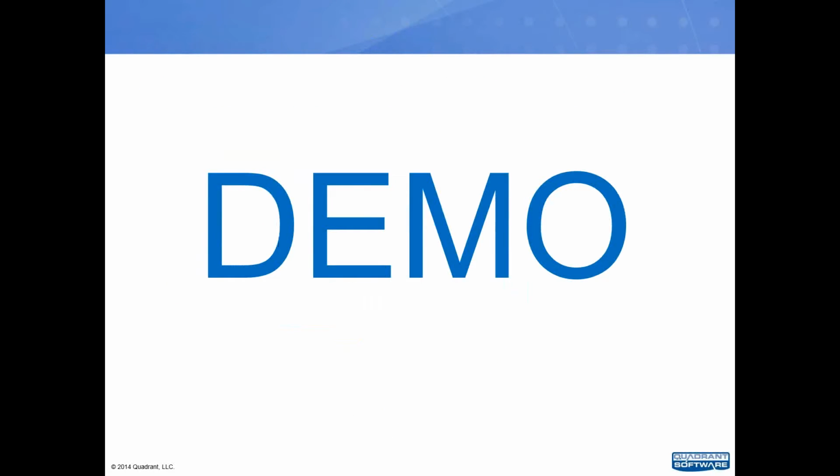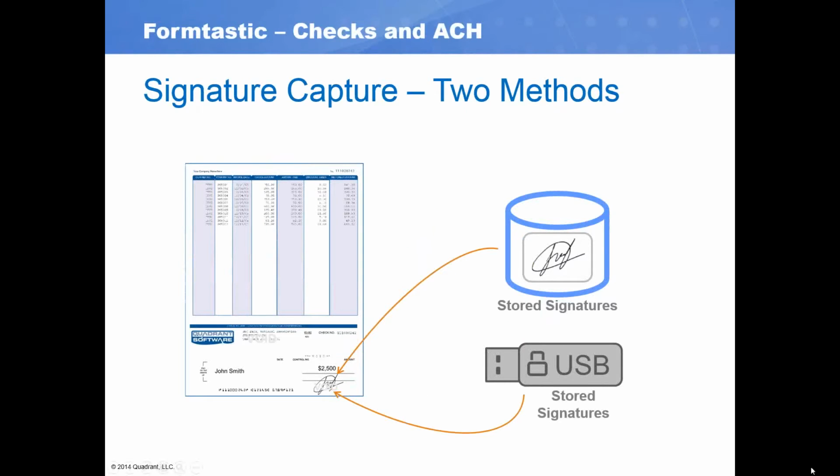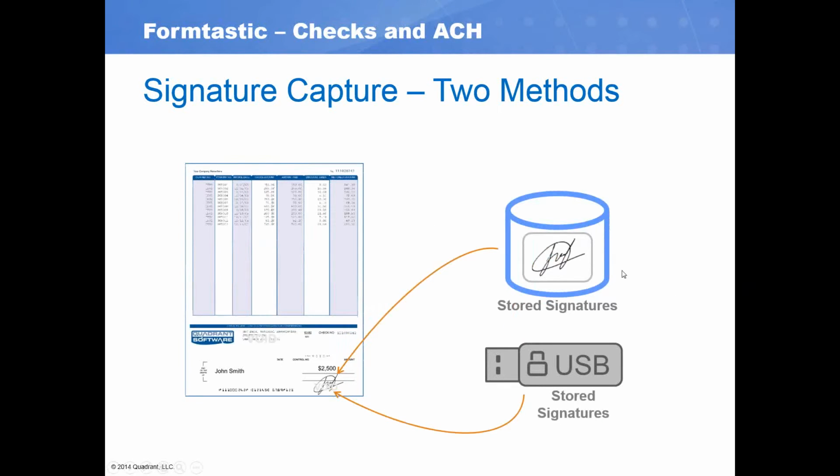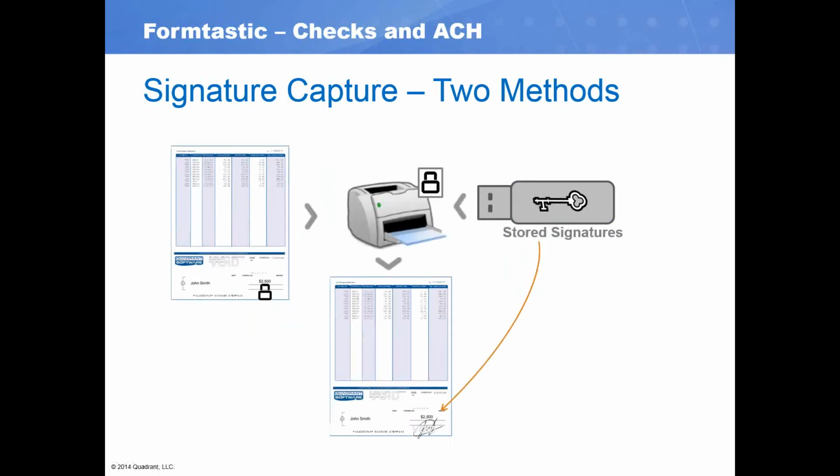So while the DB2 stored signature merging functionality is secure, the USB secured key merging technique is very secure. I just thought I'd let you know that. You can do it either way, both would be secured, but the USB key is much more secure.